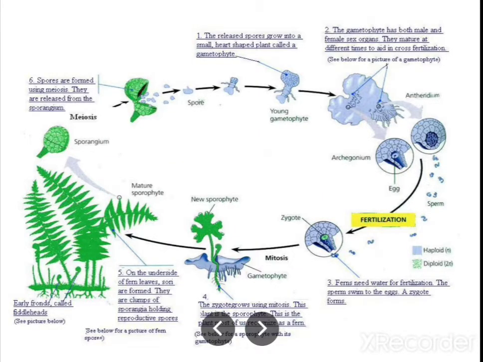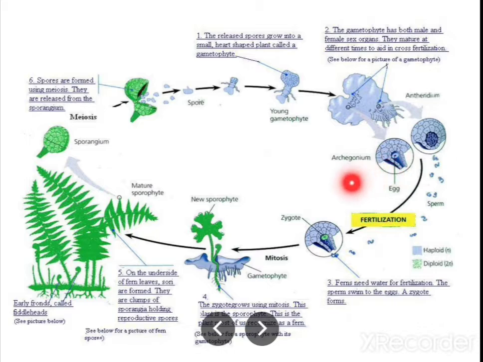So here let us see the life cycle of fern. It is the sporophyte, and it can produce spores. Can you observe the sporangium? It produces the spores. I showed you in the diagram, below the leaf, the lower side of the leaf, the spore producing structures, and the spores later grow into the gametophyte.